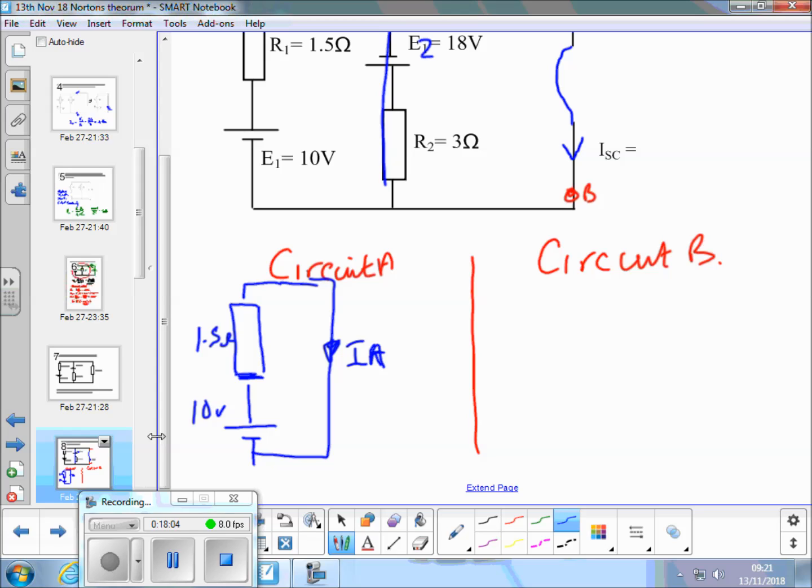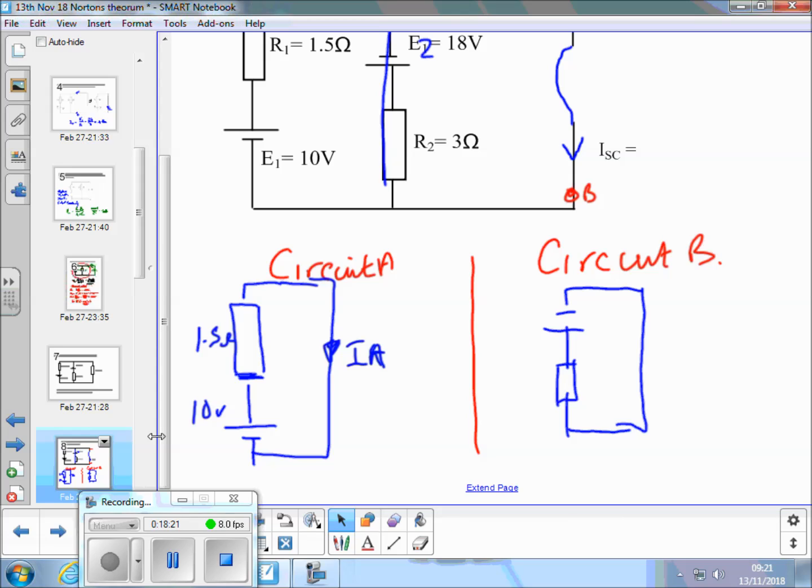Circuit B, we've got a voltage source E2 and its resistance, and effectively the other branch is a short circuit.